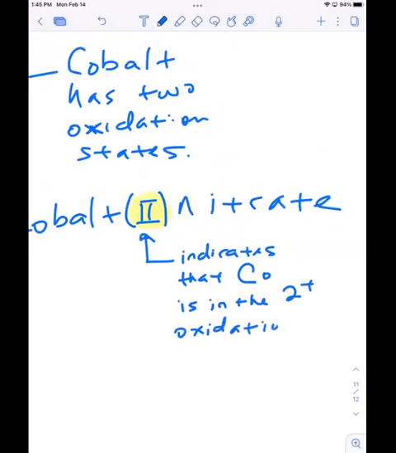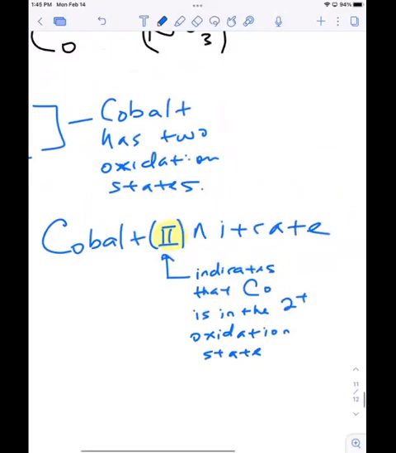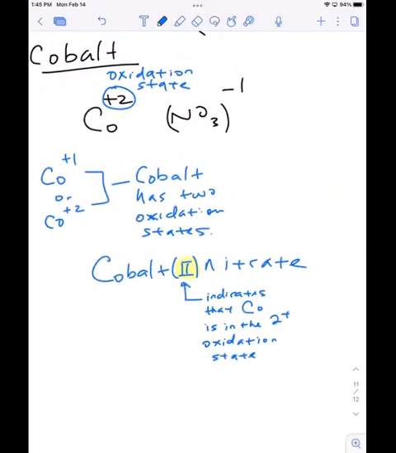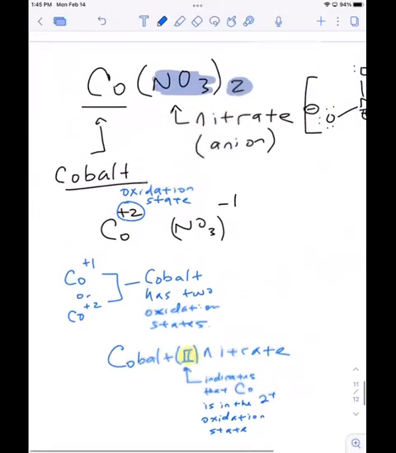And you can tell, right? Because you know cobalt is 2+ because of that subscript outside the nitrate, because the nitrate itself has a -1 charge.